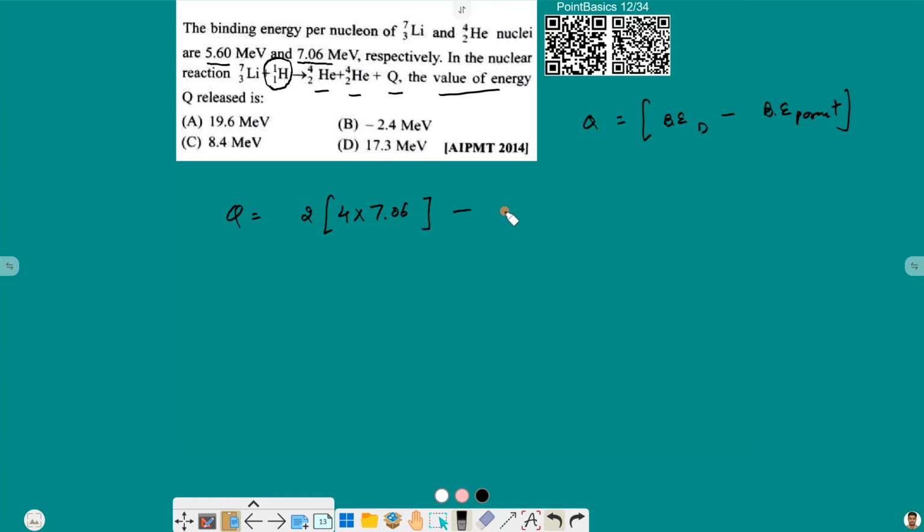Minus for the parent, that will be for lithium, that is 7 times 5.6. Why did we have 2 here? Because we had 2 heliums. That's why we added 2 here in multiplication. So this will give us the Q value of the equation, and that comes out to be around 17.28 MeV. That is option D for us.